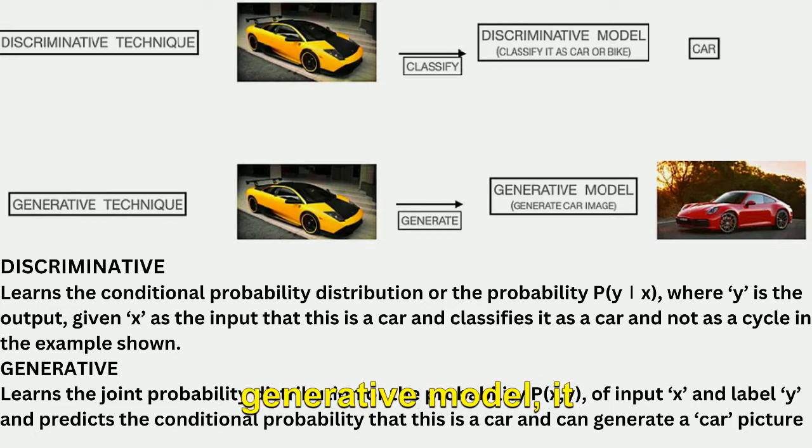But in the case of a generative model, it learns the joint probability distribution P(x,y) of input x and label y, and predicts the conditional probability that this is a car and can generate a car picture, as shown here as a new car generated in red color in the given figure.